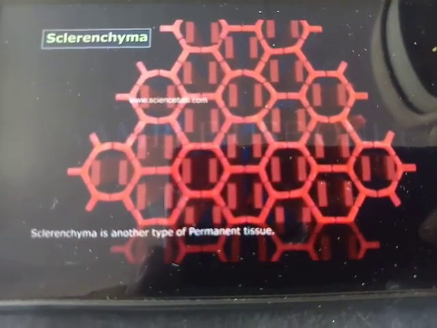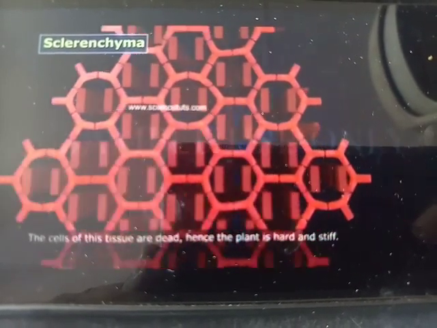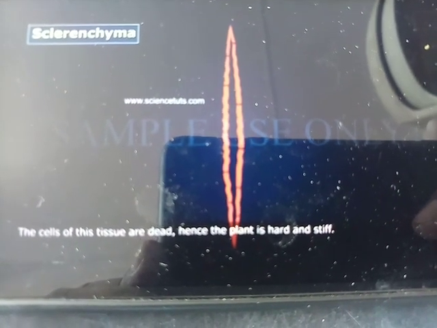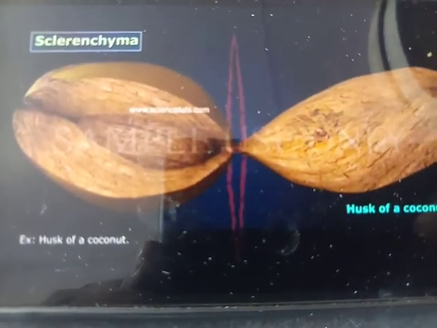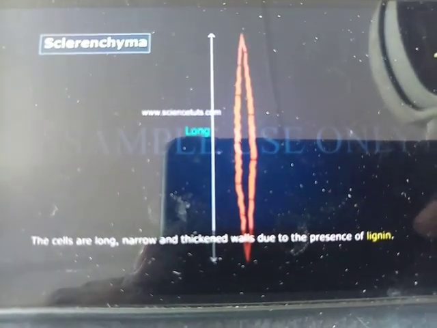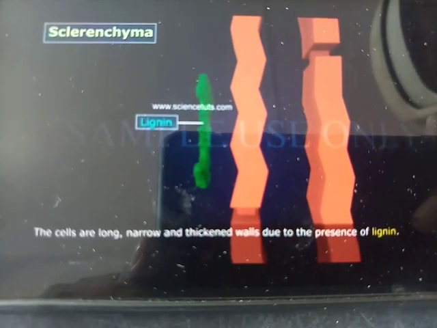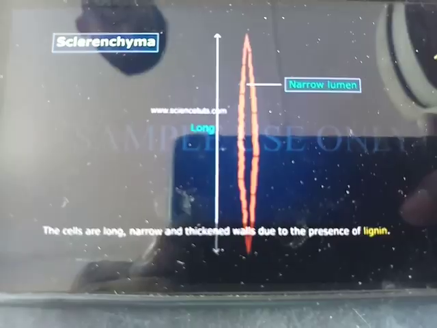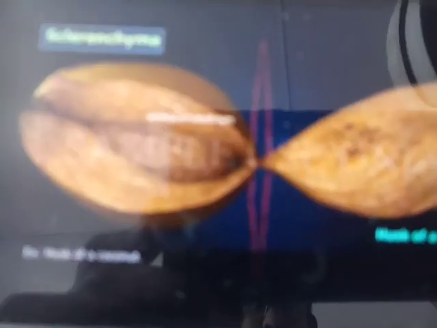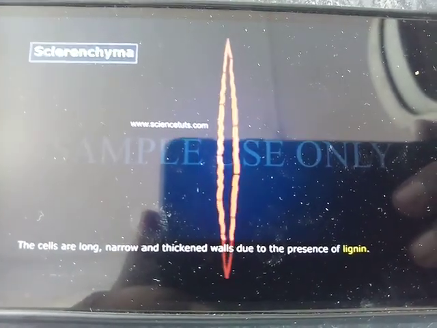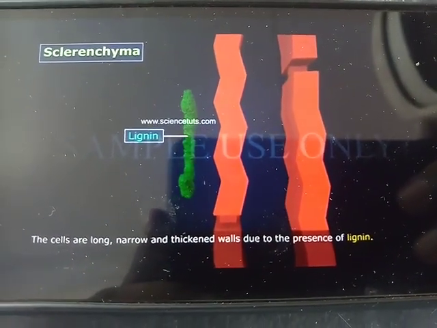Sclerenchyma. Sclerenchyma is another type of permanent tissue. The cells of this tissue are dead, hence the plant part is hard and stiff. Example, husk of the coconut. The cells are long, narrow and have thickened walls due to the presence of lignin.